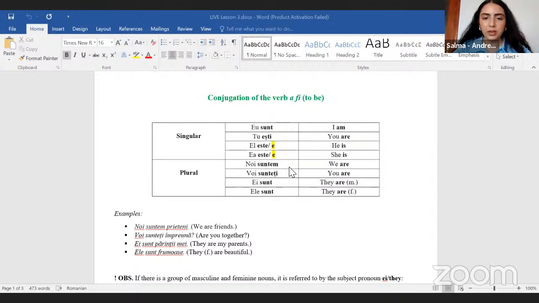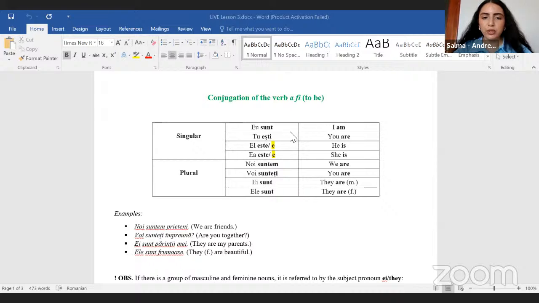But once we go over it, you are going to see that there is a sort of a scheme, so to say. And once we learn about other verbs, you will see that there is a pattern for sure, and it is going to be a little bit easier to learn other verbs as well. So let's revise what we learned last time.